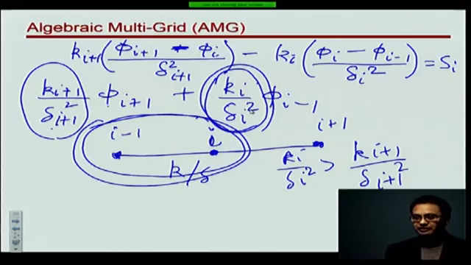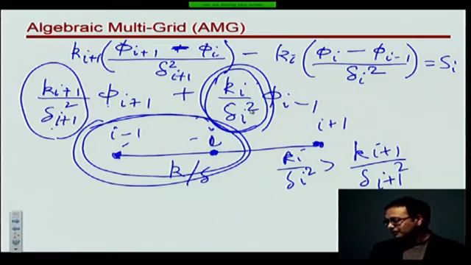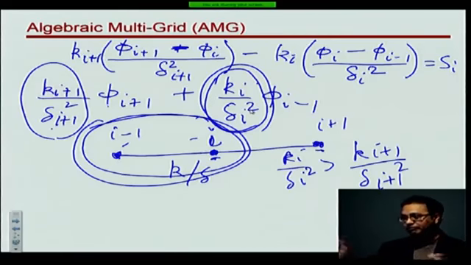If these two temperatures are close, then it makes perfect sense to agglomerate them and make them one node, because there's essentially no difference between those two points. Whereas for this one and this one, their temperatures are quite different, so it's better to keep them separate, not agglomerate them at all.